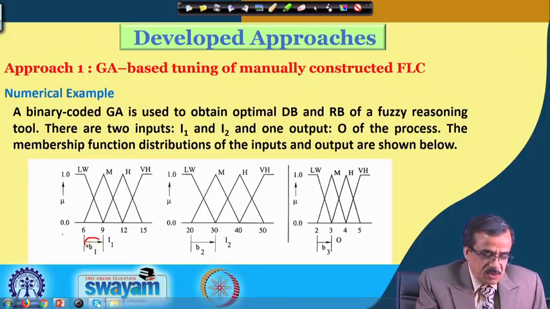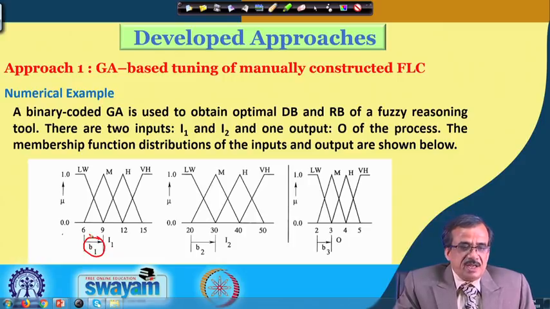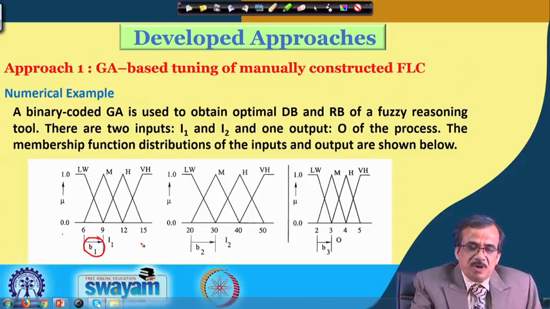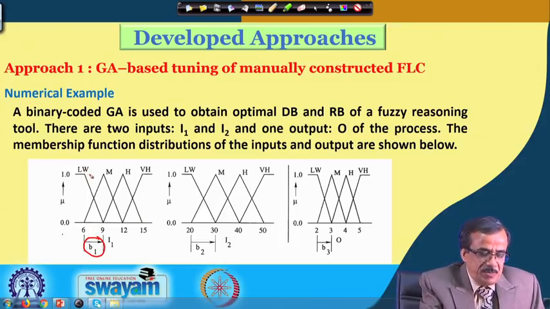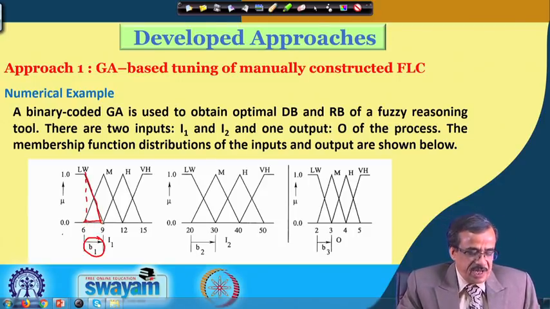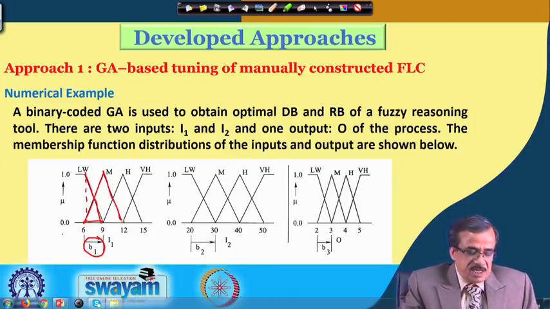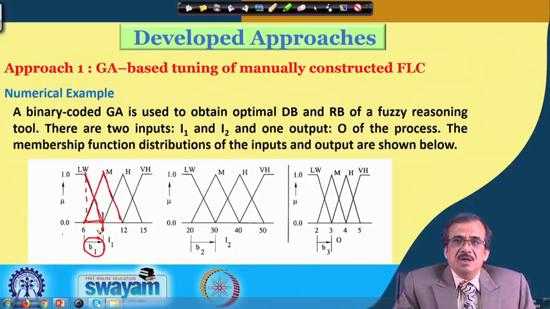B 1 is going to represent whether this particular triangle will be a steeper one or a flatter one. For example, if it is a right angle triangle, this indicates the base width of this right angle triangle, and if it is an isosceles triangle, B 1 indicates the half base width of this isosceles triangle.